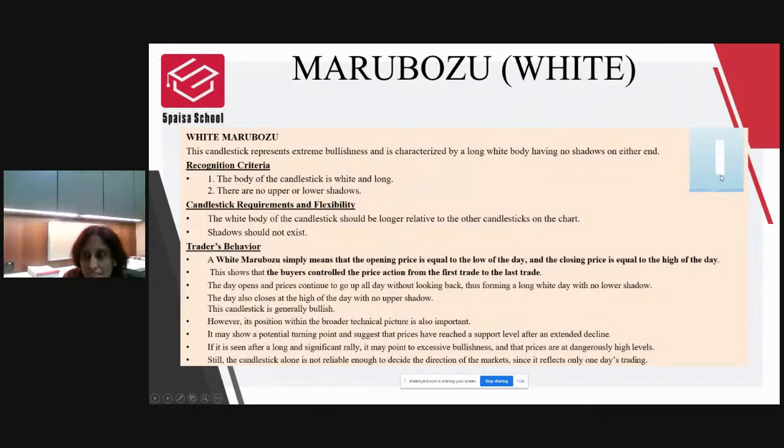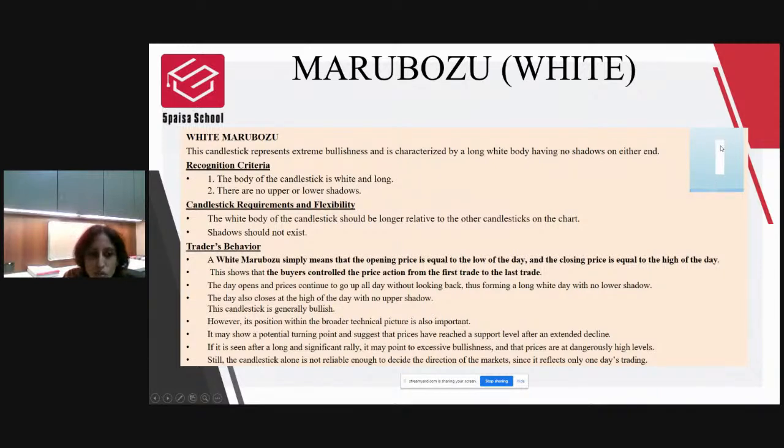So this is both the opening price for the day and the lowest price of the day, right? And the closing price, you can see over here the arrow. The closing price is equal to the high of the day, and that is why you don't get to see any wicks on either side.